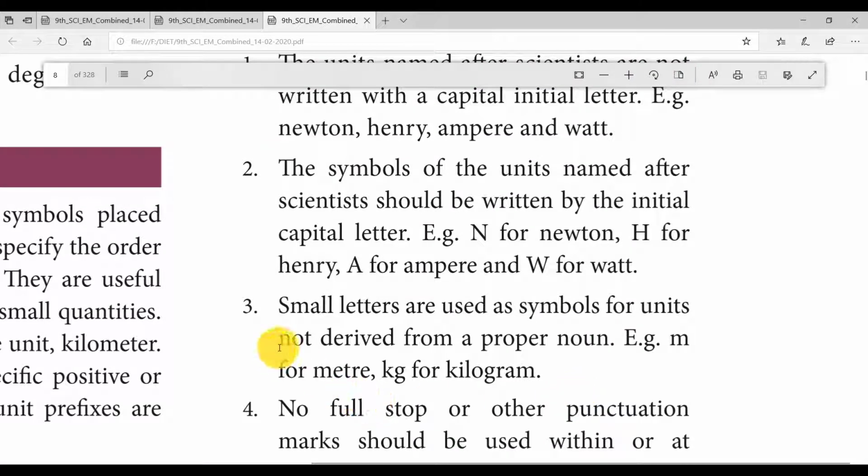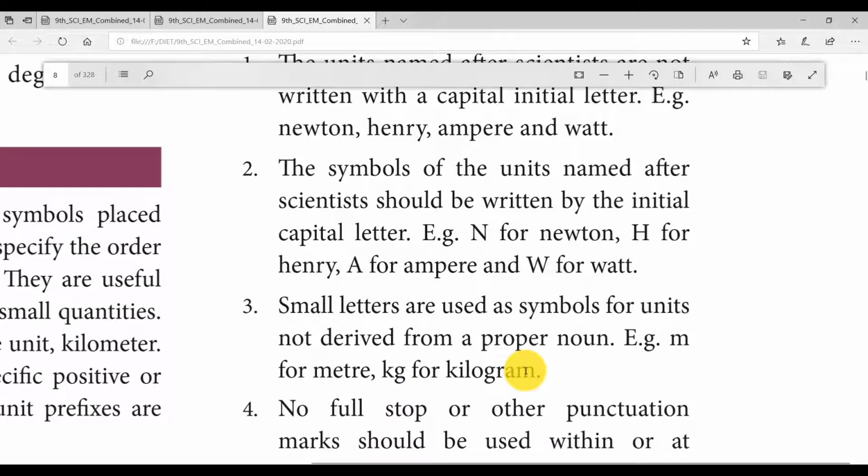Now let us come to the next point, that is, small letters are used as symbols for units not derived from a proper noun. See here, m for meter, you should not write it as MET. kg for kilogram.